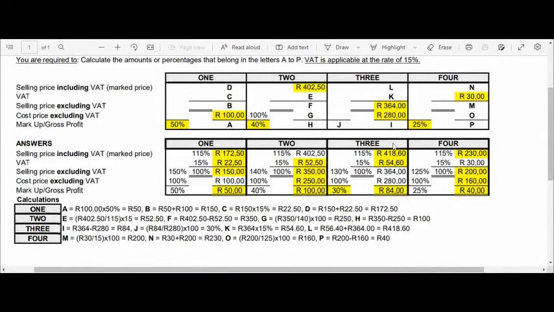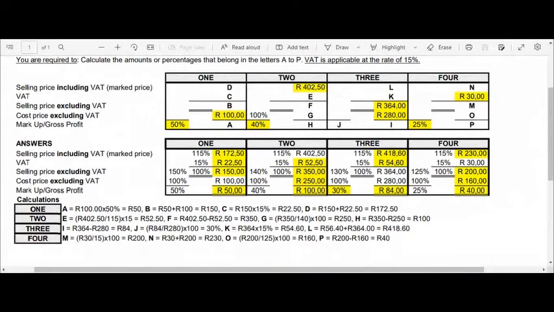They said that our excluding selling price is 364. The cost price is 280. So in order to arrive at our gross profit, we simply deduct the 280 from the 364. That will give us 84 rands.